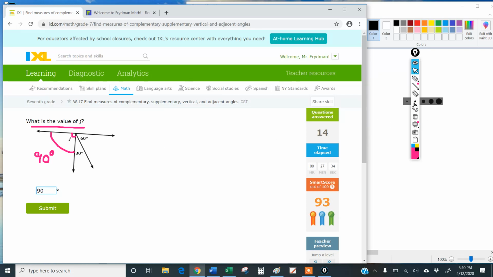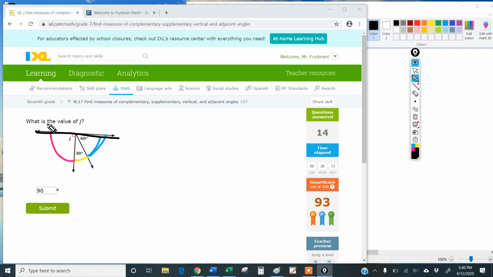Now, there is actually another way that we could have done that, because I can also see from the picture that this angle plus this angle plus this angle, which is angle J, all together we get 180 degrees, because if I start here and then go all the way around here, I just made half of a full rotation.